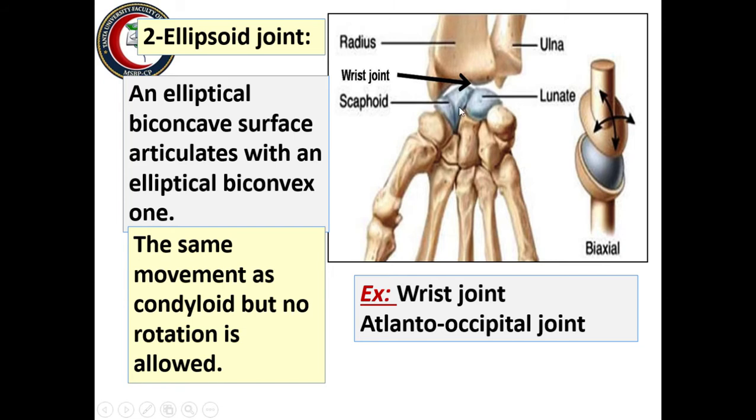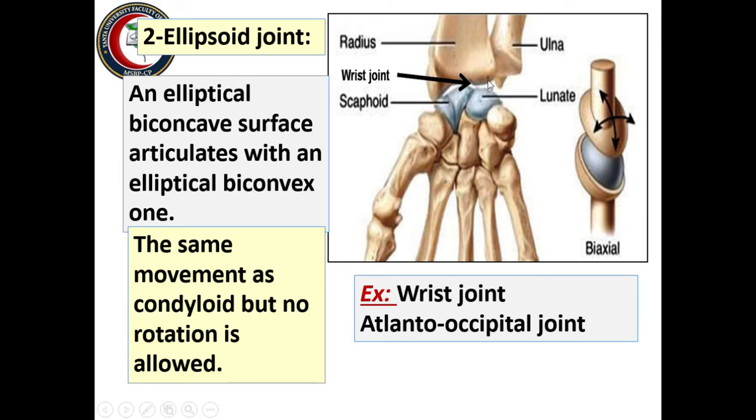Now the ellipsoid joint, it is also a biaxial joint. For example, this is the wrist joint. We have an elliptical biconcave surface articulating with an elliptical biconvex one.